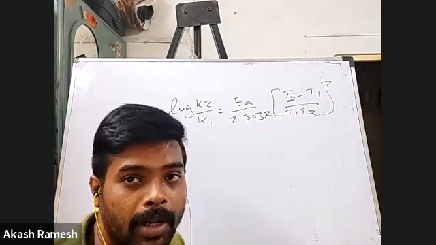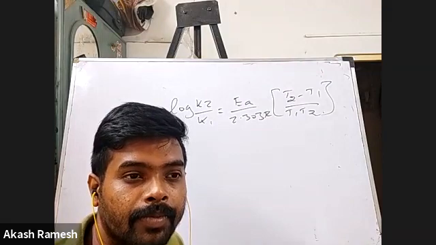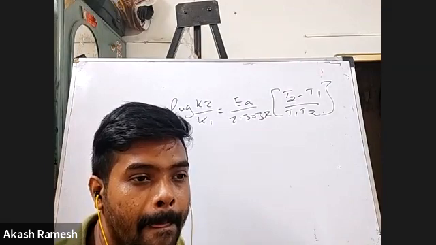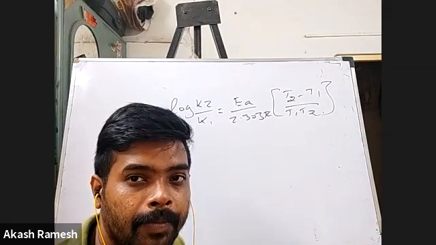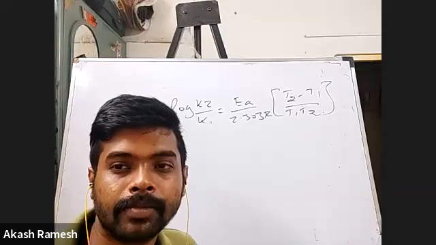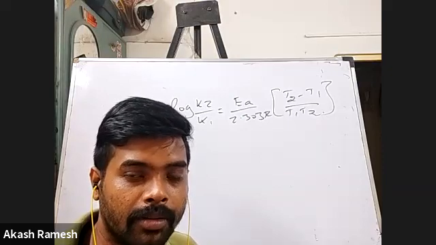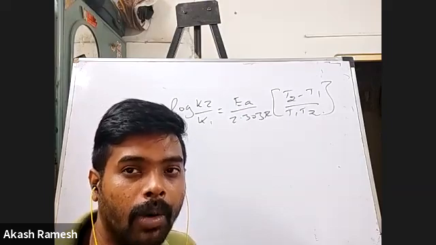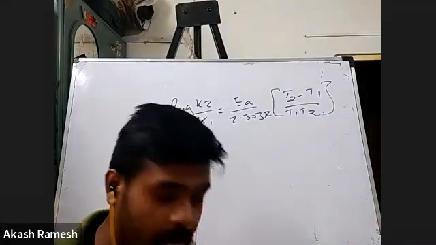So log of K2 by K1 will become what now? What is happening to the rate in this question when the temperature is increased from 300 to 310 Kelvin? What is happening to the rate? It's doubled, sir. Correct. So rate is doubled.